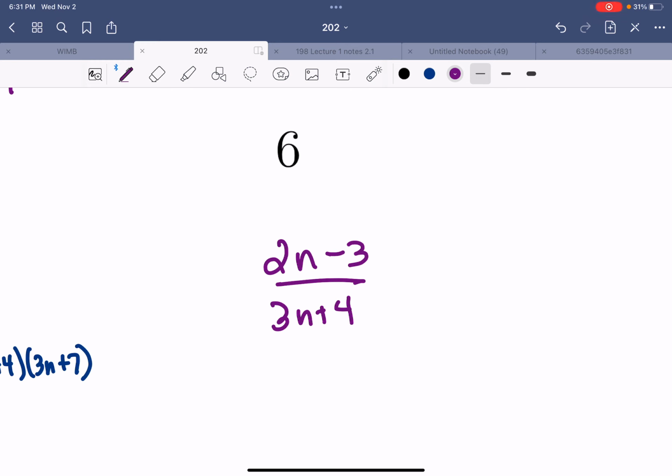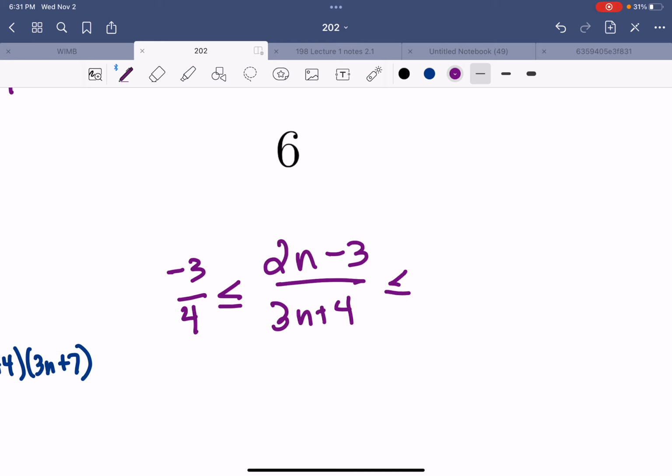So the smallest number that it could be, if I plug in 0 here, we know that this is going to be greater than or equal to negative 3 over 4, because we know it's getting bigger. So for my n equals 1, it's getting bigger as I go. So if I go one step before that to n equals 0, then I should be able to say that this is true, okay?